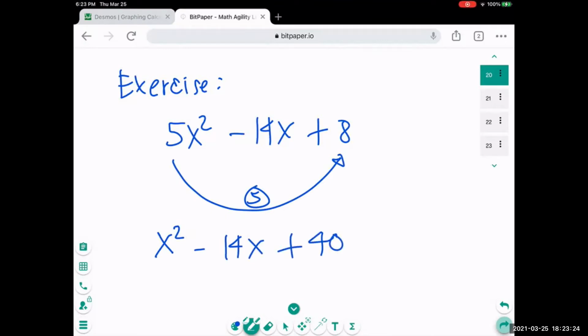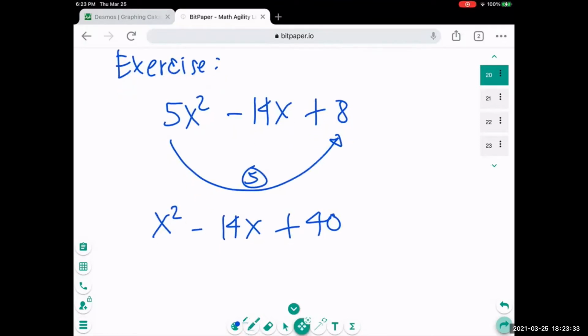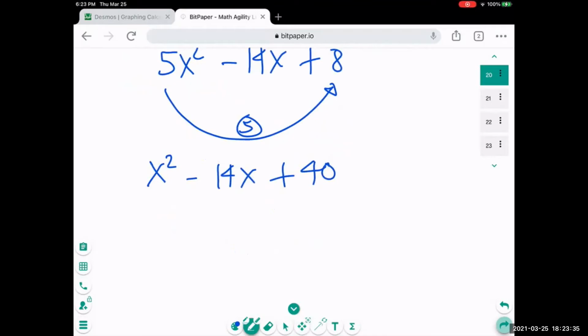So anong susunod natin gagawin? We're gonna think of a number that if we multiply together will give us 40, and kapag inadd natin together will give us what? Negative 14, right? So what do you think is the number?